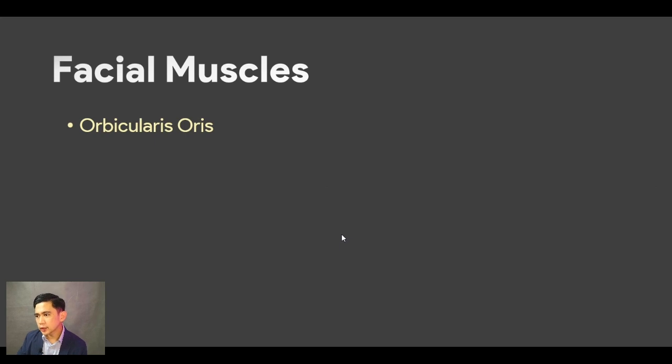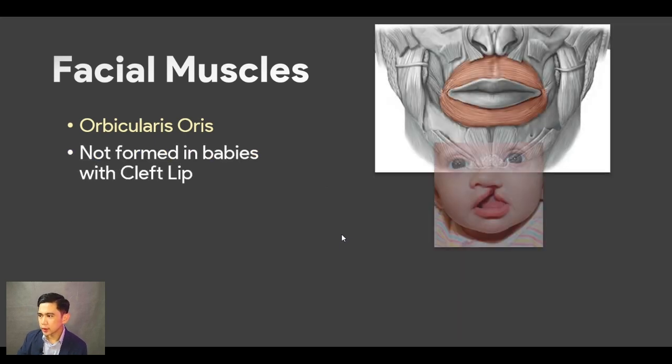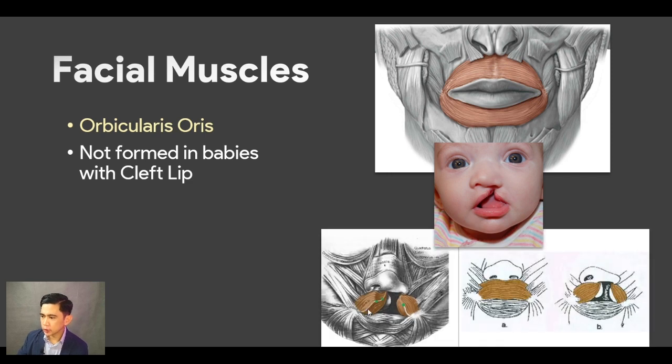The orbicularis oris is also implicated in patients with cleft lip. Patients with cleft lip have an inborn deformity of the orbicularis oris, where the muscle is not continuous. The cleft lip babies usually have discontinuity over the lip in their orbicularis oris.